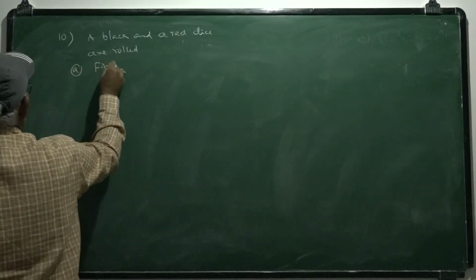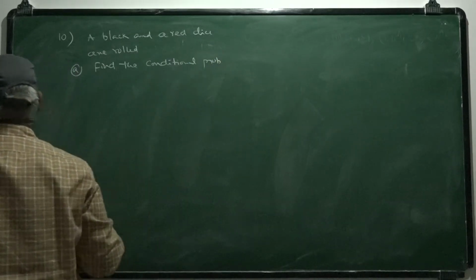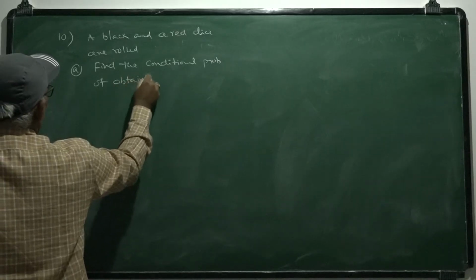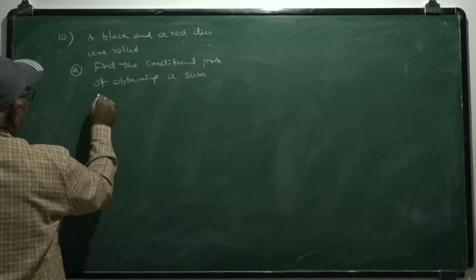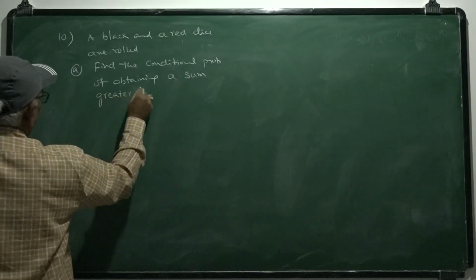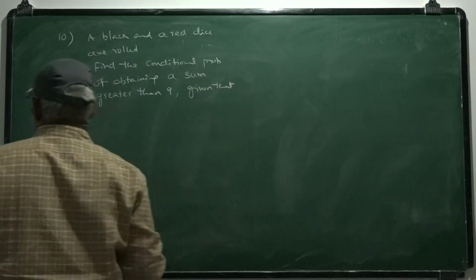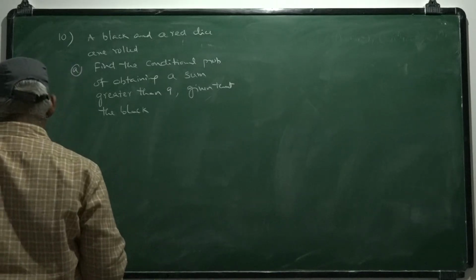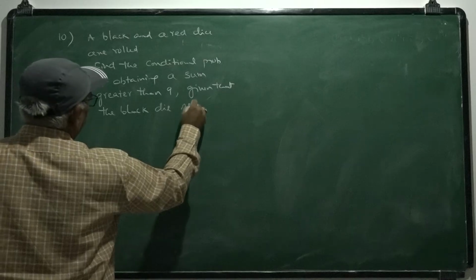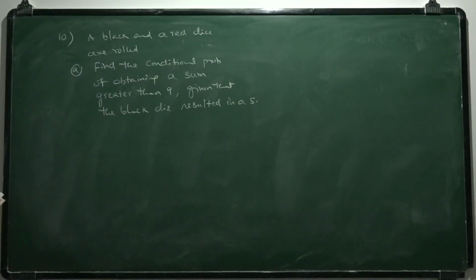Then first one: find the conditional probability of obtaining a sum greater than 9 given that the black die resulted in a 5.